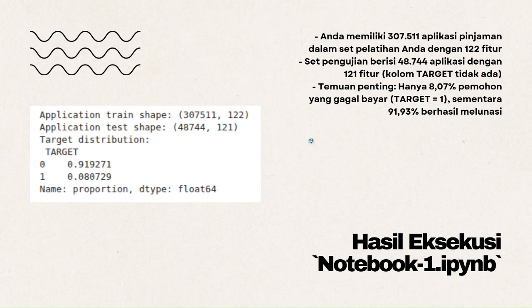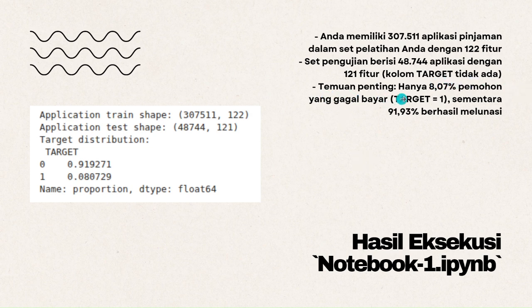So according to the result, there are 307,511 loan applications within the training set with 122 features, while the testing set has 48,744 applications with 121 features, in which the target column is non-existent.